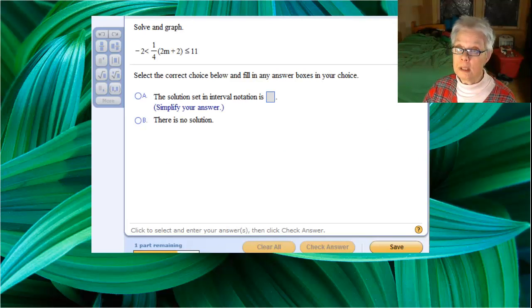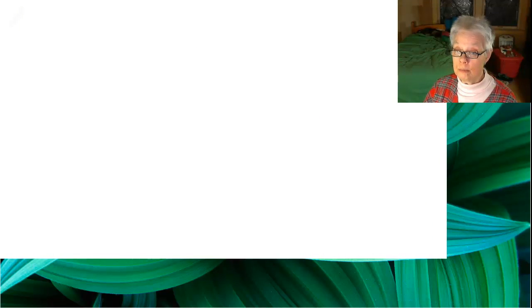Next problem. This is a three-part inequality. The object is to solve the inequality for the variable, which must be located in the middle. Whatever you would do to two sides of an equation, you do to all three sides of a three-part inequality. Okay, so let's see what we're going to do.